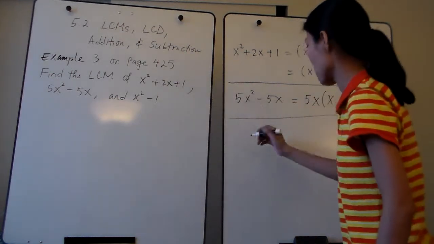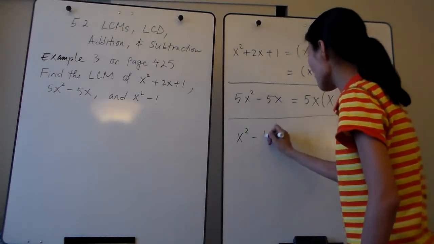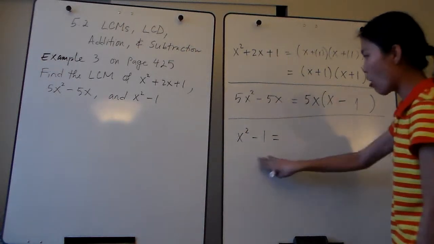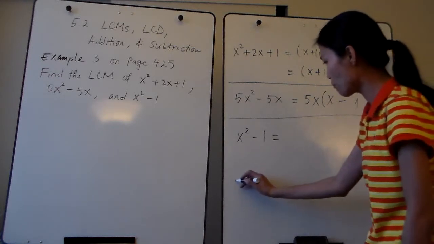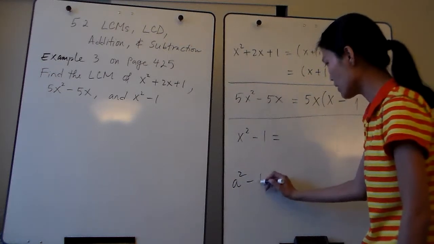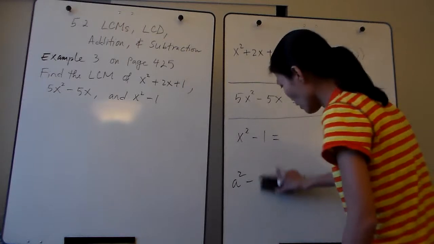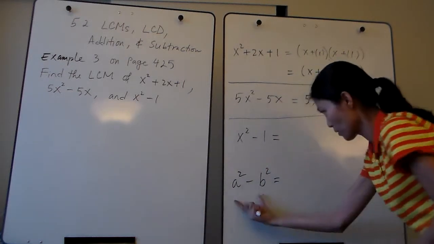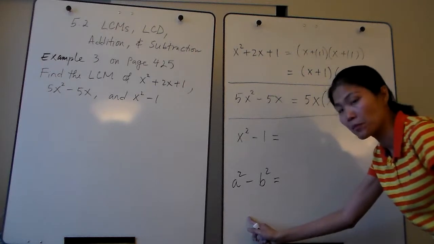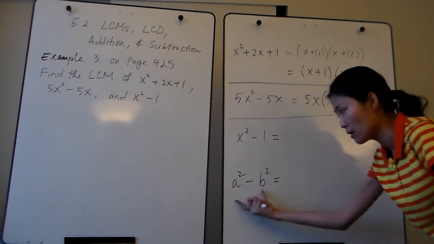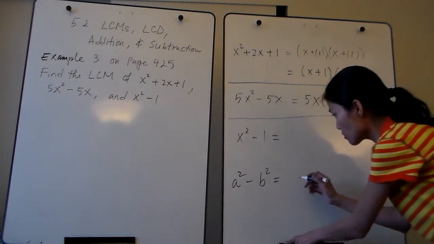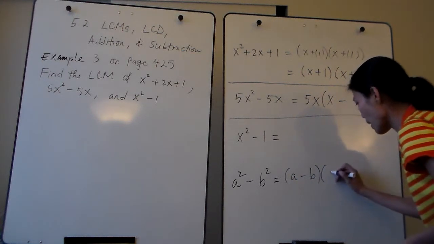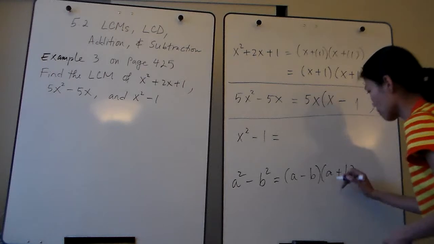How about the third expression, x squared minus 1? I hope you recall what we learned earlier. We have the formula a squared minus b squared. When you see a minus between a squared and b squared, you can factor it as a minus b times a plus b.